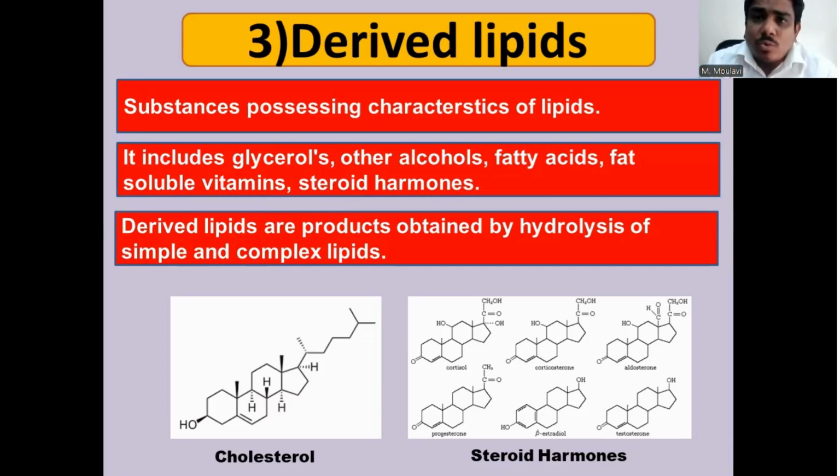It is very important to note that some of the products obtained by the hydrolysis of the complex and simple lipids can be saponifiable or non-saponifiable. Here, glycerol and fatty acids are the common products of the hydrolysis of the simple lipids and the complex lipids. But the other products like the fat soluble vitamins or steroid hormones are non-saponifiable. Cholesterol and the steroid hormones are included in the derived lipids because they are obtained by the hydrolysis of the simple lipids and the complex lipids.